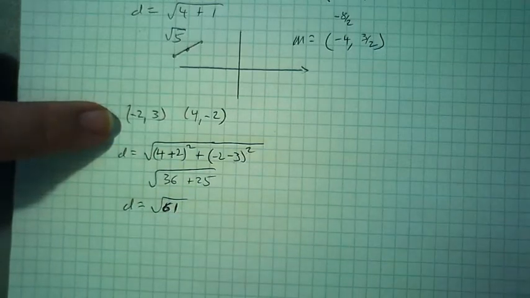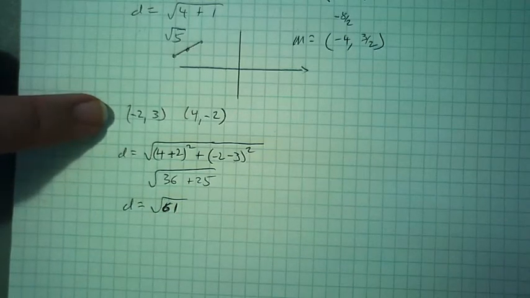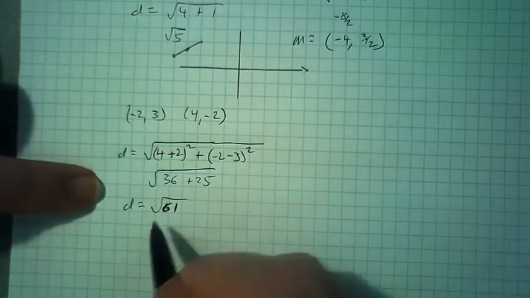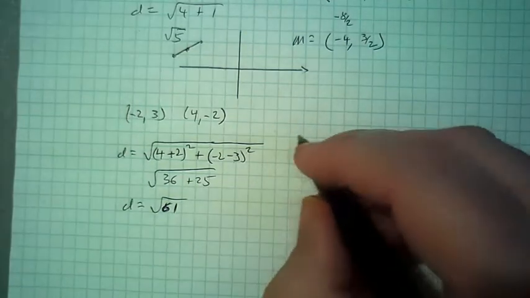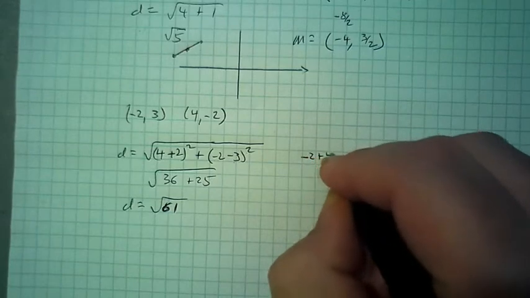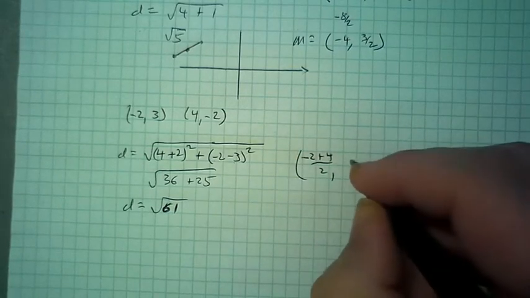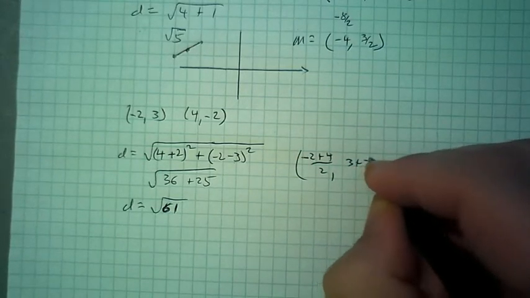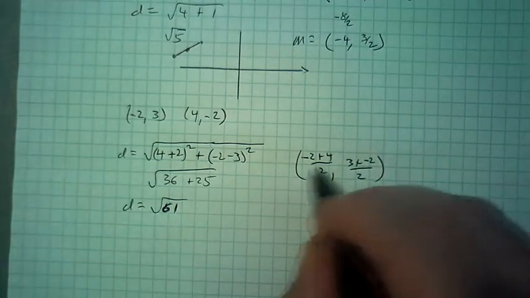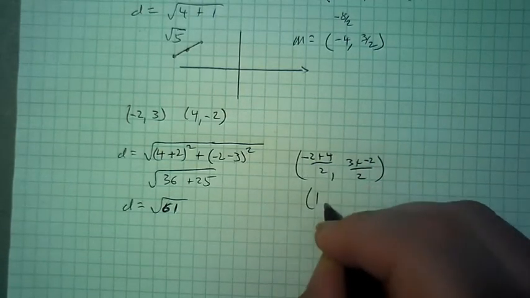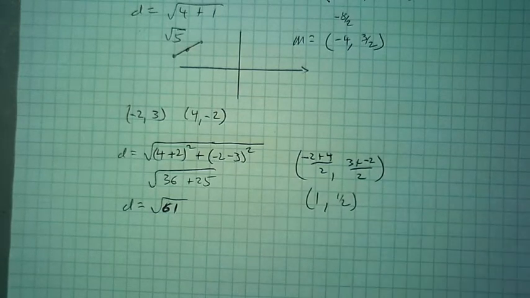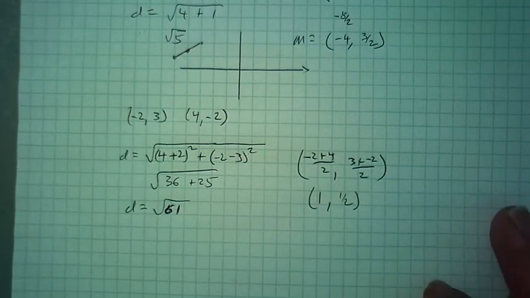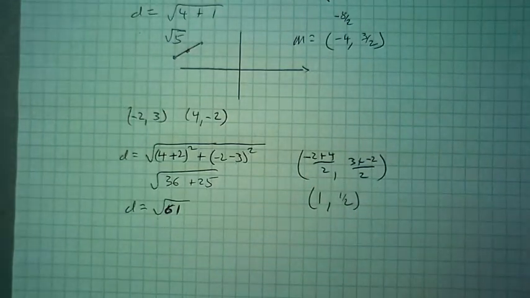I think 61 is prime. 3, 4, 6. Yeah. So I'm just going to leave it as the square root of 61. The midpoint I can find by doing negative 2 plus 4 over 2 and 3 plus negative 2 over 2. That's 2 over 2 is 1, and positive 1 over 2 is 1/2. So that's 1, 1/2. That's the straightforward version.